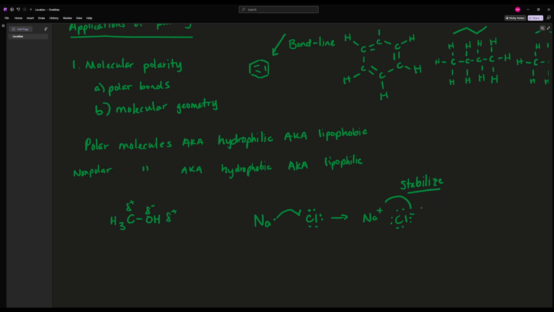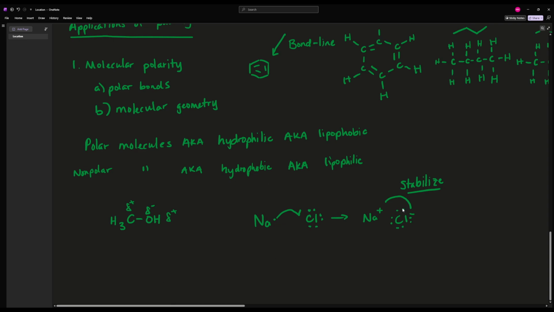Remember how bonds stabilize? Same thing with our ionic interactions. Technically, an ionic is not really a bond. It's not really an ionic bond. It's more of an ionic interaction, but that's a soapbox moment for another day.